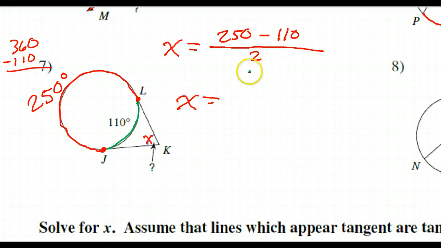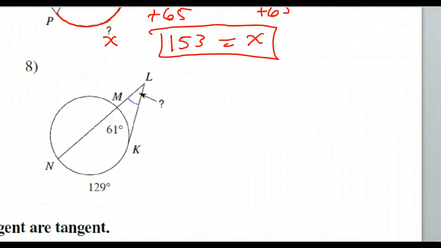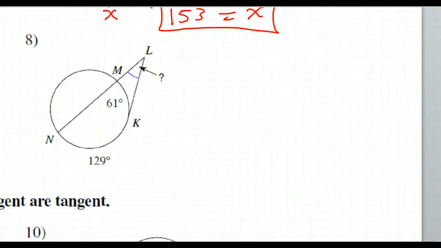So we can just type this into the calculator exactly the way it looks in our TI-30 XS MultiView. Okay, that's 70. Very nice, very nice.